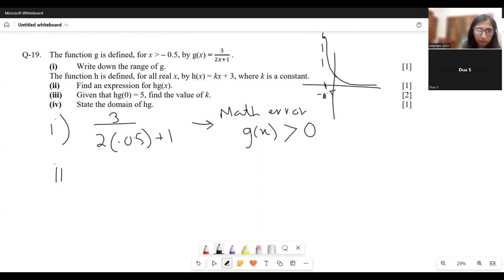Okay, that's part 1. Part 2, find an expression for hg. So h is k times x plus 3 over 2x plus 1 plus 3.